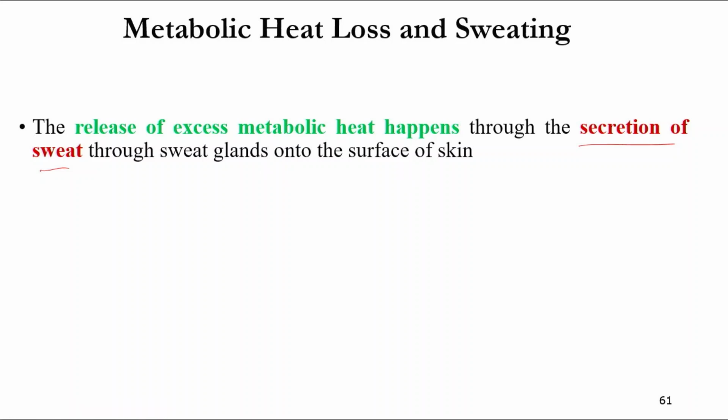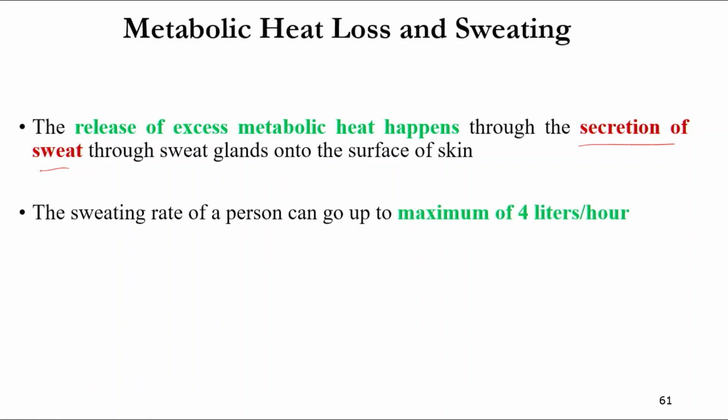We release heat through the secretion of sweat, and the rate of sweating can go up to a maximum of 4 liters per hour, that much you can imagine. So, 4 liters per hour of sweat is released by a person, and that liquid management has to be there.